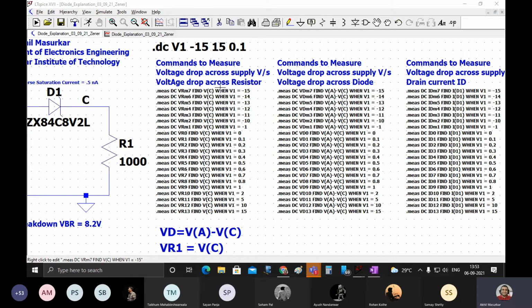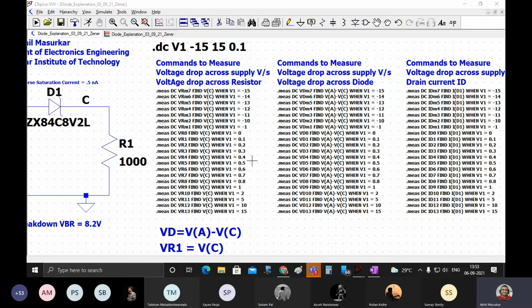So plus 1, 301 values it is calculating for voltage drop across the resistor, 301 values for voltage drop across the diode, and 301 values for current ID. So in all, 301 into 3 is going to be 903.